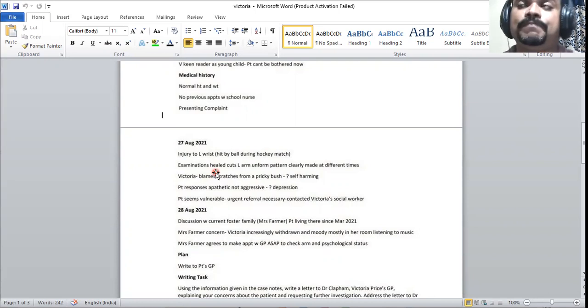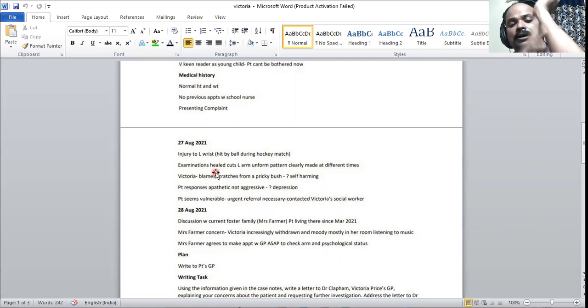So the school health nurse is responsible for these types of minor injuries. When she came to the school health nurse, that's you, you found that there are some cuts which are healed on the left arm, in an unformed pattern.